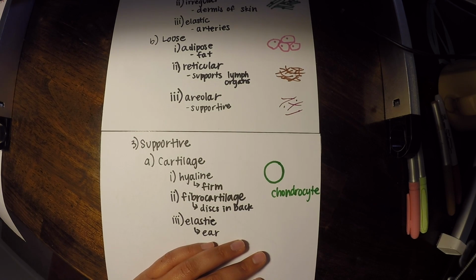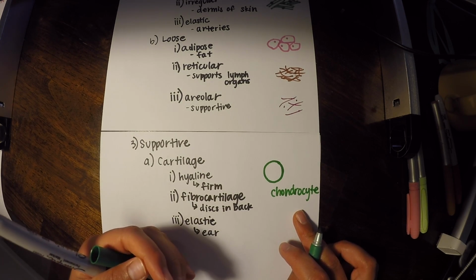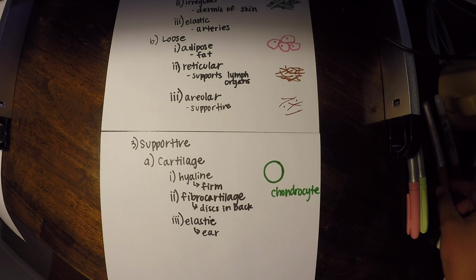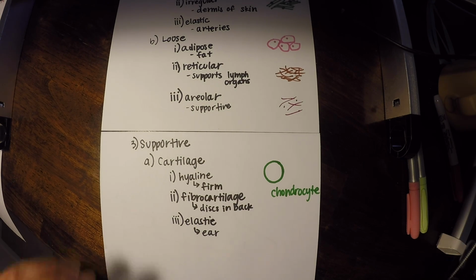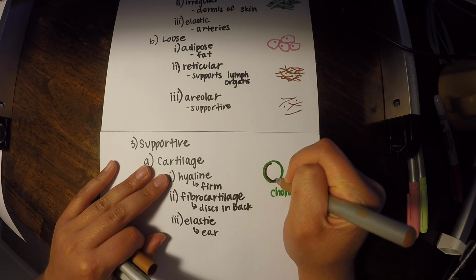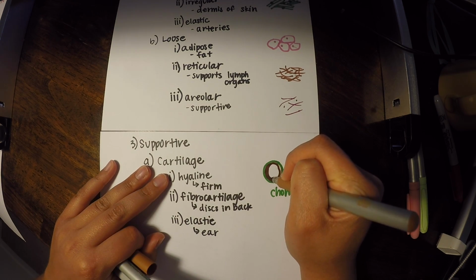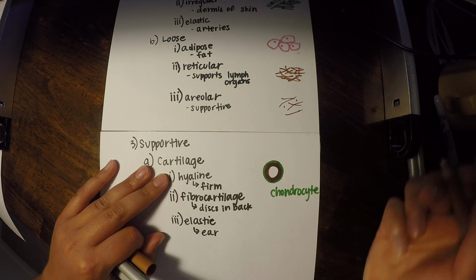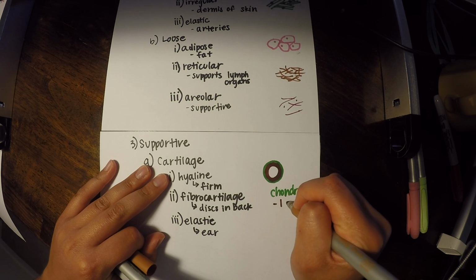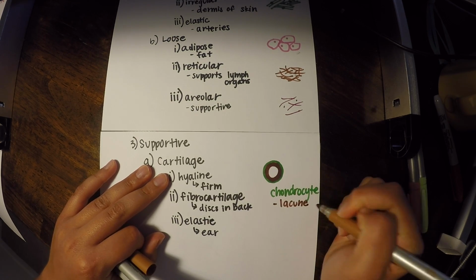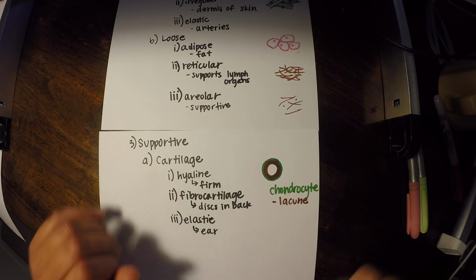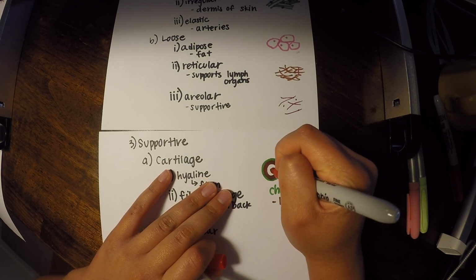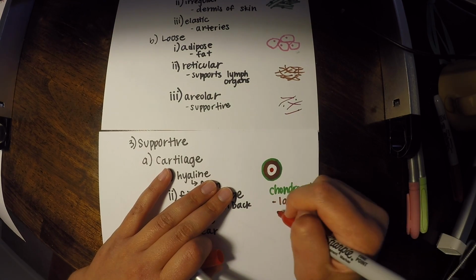Whenever we say cyte at the end of something, it usually just means cell. Now there's going to be something called a lacuna, which basically means lake, and it's going to be in the outer area of the chondrocyte or the cartilage cell. So I'm going to draw that in brown and write lacuna. And then there's also going to be a nucleus in the center, and that's what a cartilage cell looks like.